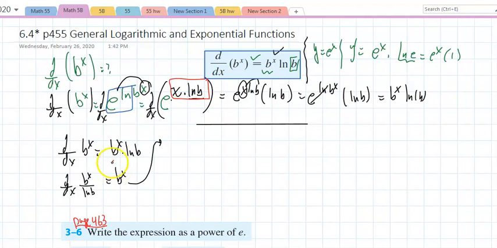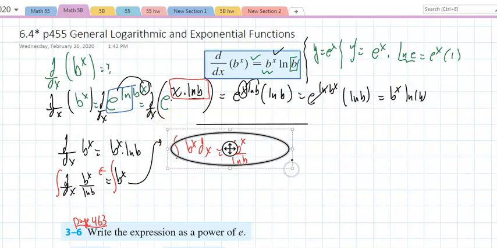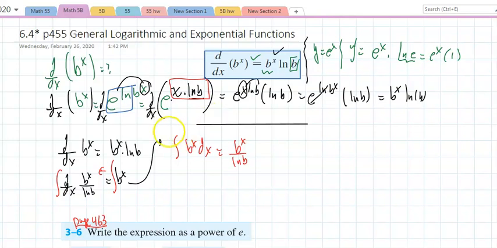And that means if I integrate, the integral of b to the x dx would be b to the x divided by natural log of b. And of course, don't forget the plus c.